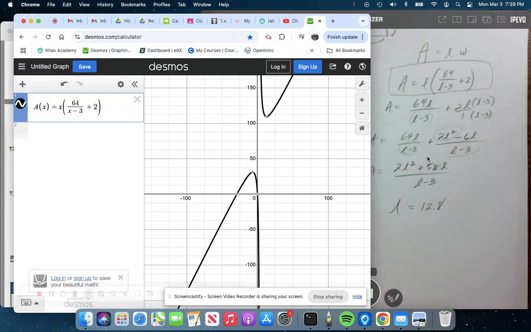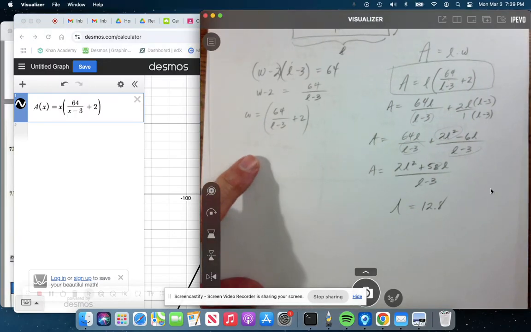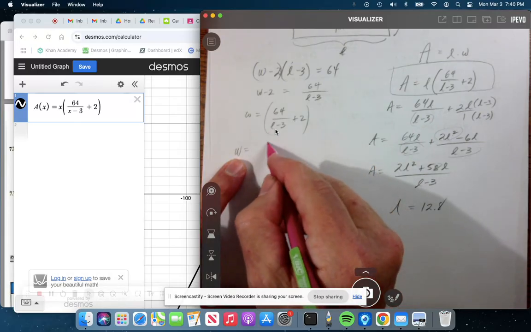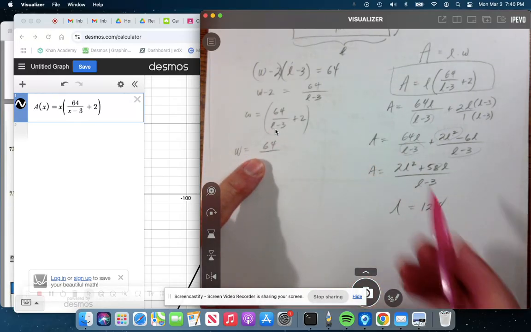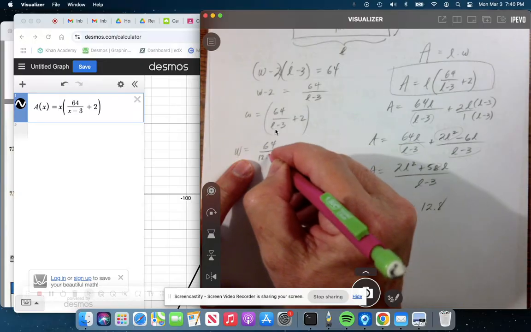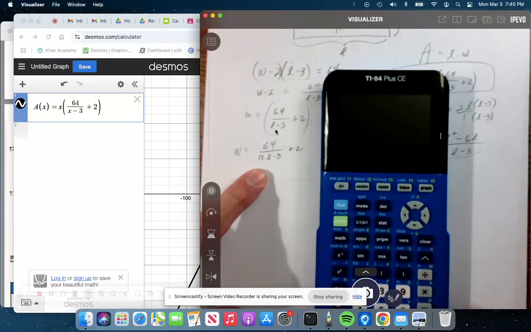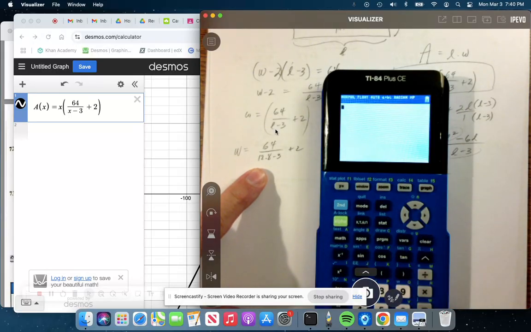All right, well, what about W? Well, to get W, I'm going to have to plug L in right here, right? So the W, the width, is going to be 64 over L, which we just said is 12.8, minus 3, plus 2. So let's see what this gives us. 64 divided by 12.8, take away 3, plus 2.